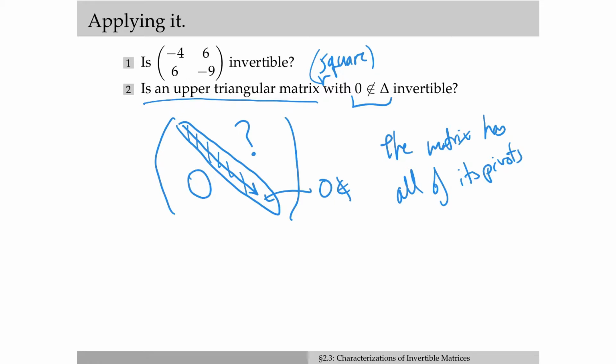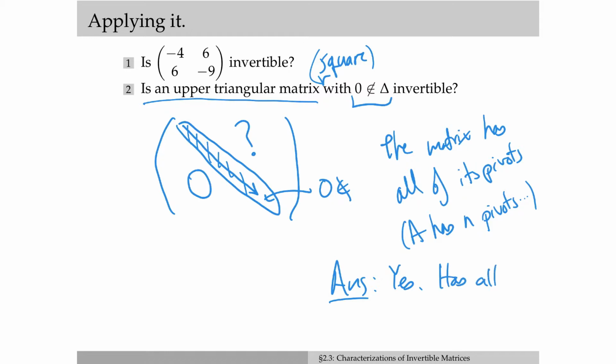And the characterization, I believe it is C, which is, A has n pivots for an n by n matrix. That gives it to us. So the matrix has all of its pivots, therefore it's invertible. So the answer, is it invertible? Yes. Has all of its pivots.